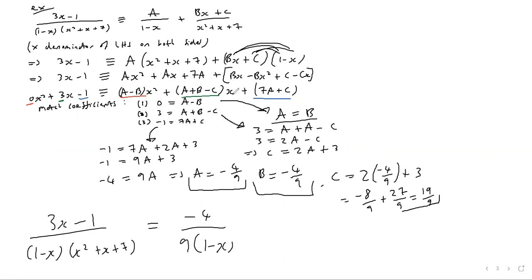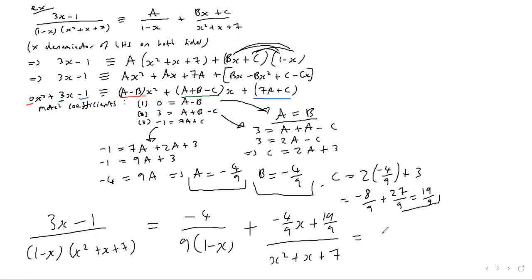So that's our first bit there. And then our next factor, plus b, which is -4/9 lots of x, plus c, so plus this 19/9, divided by this x squared plus x plus 7 there.